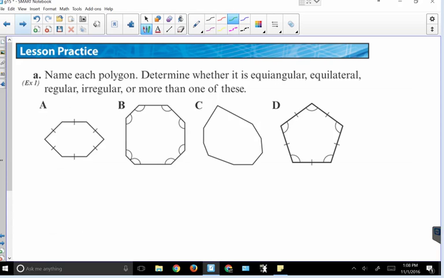All right, let's take a look at these then. So, what would you classify A as? So we got equilateral and irregular. Okay, I can go with that. What about, let's see, for B?